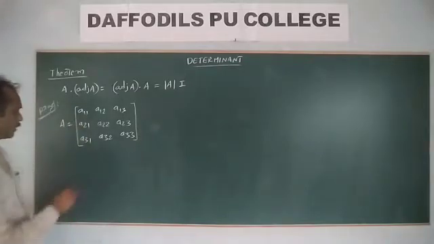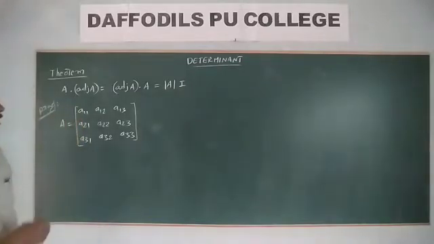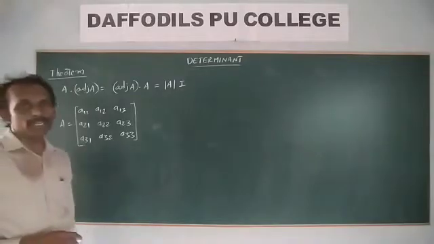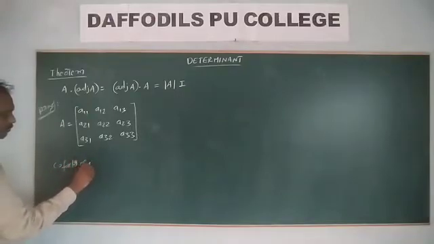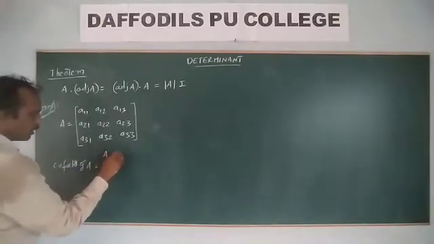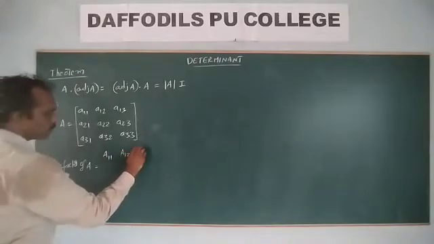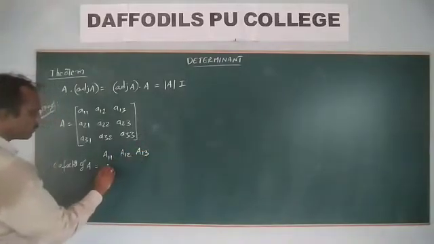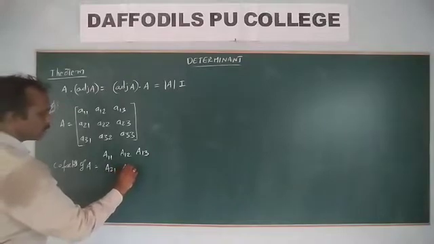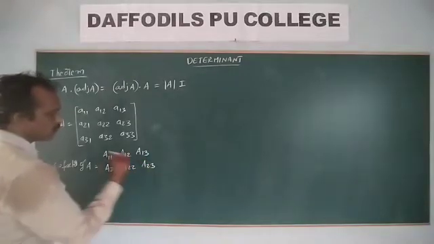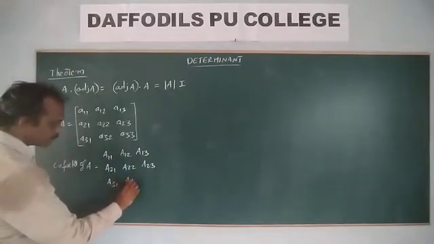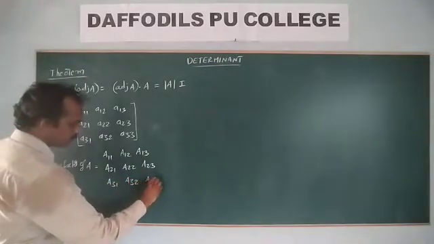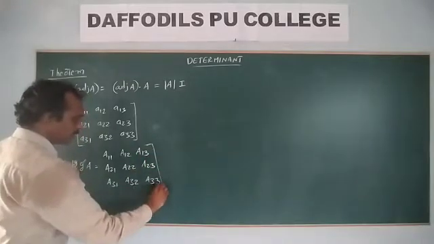This is the matrix A. Next we want the adjoint. Before that we find the cofactor. The cofactor of A is the matrix of A11, A12, A13, A21, A22, A23, A31, A32, A33, each replaced by its cofactor.